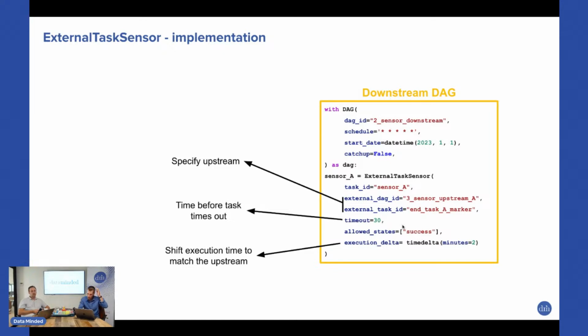In this case, it checks for 30 seconds whether the upstream task was successful. And then, as I said in the previous slide, you can have an execution delta, which shifts the time of this task virtually by 2 minutes. The goal of this is to match the execution time of your upstream DAGs or tasks.